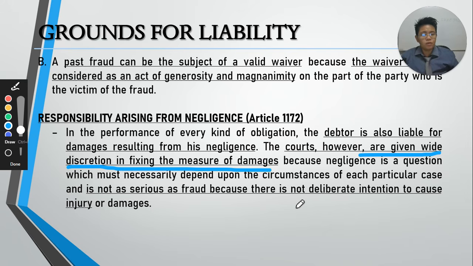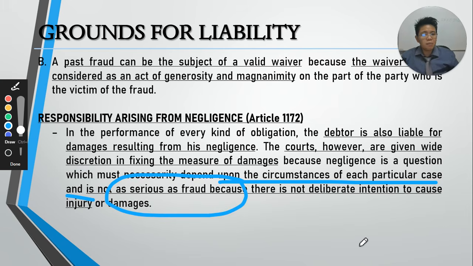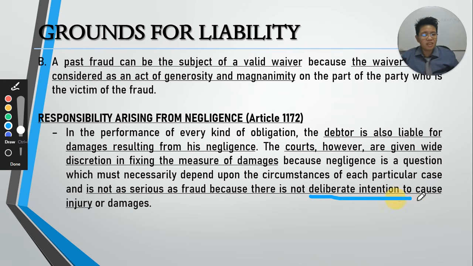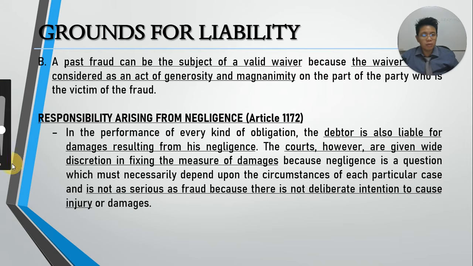Kasi nga negligence is dependent upon the circumstances of each case, and hindi naman siya kasing grabe ng fraud. Kasi, remember here, negligence or fault ang cause ng liability. So, hindi naman sinasadya yan. Hindi sinasadyang mag-cause ng injury or damage. So, here, the court may mitigate yung damages to be awarded to the creditor.